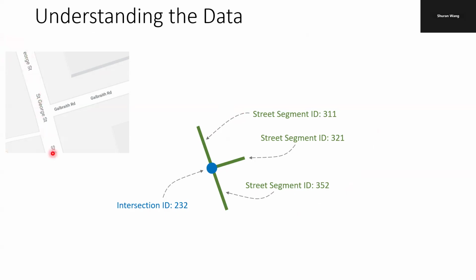For example, if we are looking at the intersection at St. George and Galbraith, this intersection has an ID 232 and it's connected to 3 street segments. So get non-intersection street segment 232 should return 3 street segments.